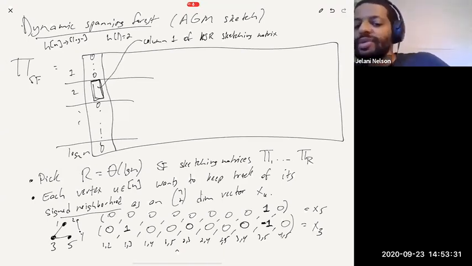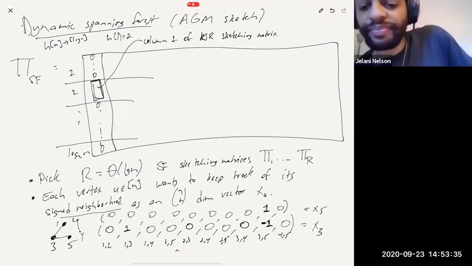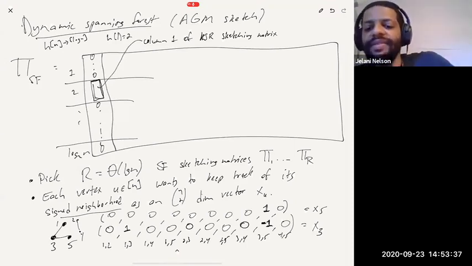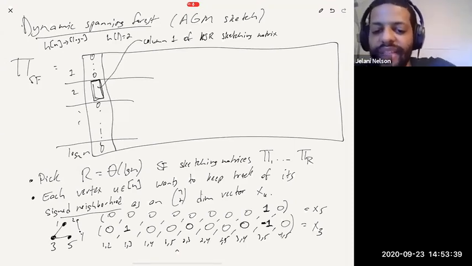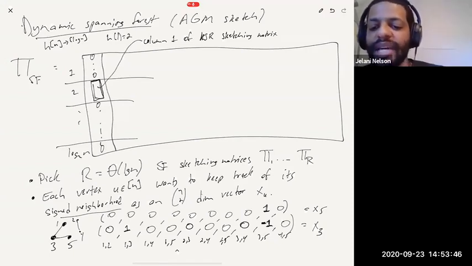So what I suggest you do is you just add the corresponding vectors. You add x3 to x5. What happens to the edge 3, 5? It disappears because that edge has an opposite sign for 5 and 3. But notice that x3 plus x5 is not the 0 vector. It still has in its support 1, 3, right?